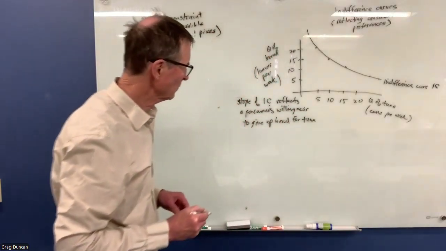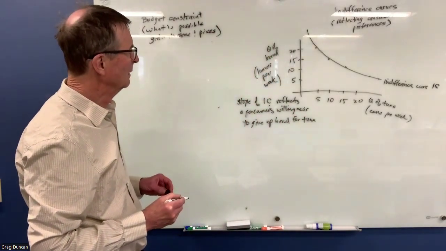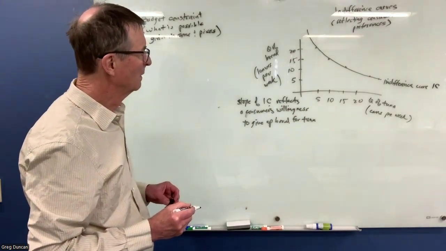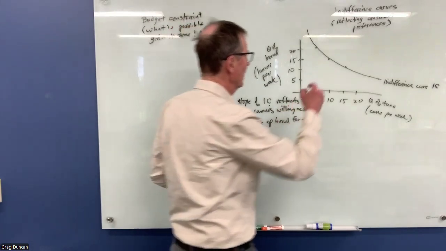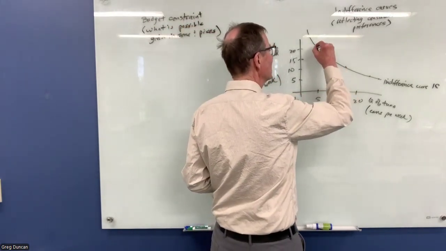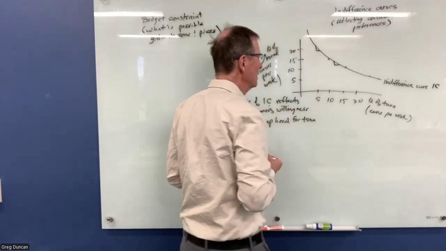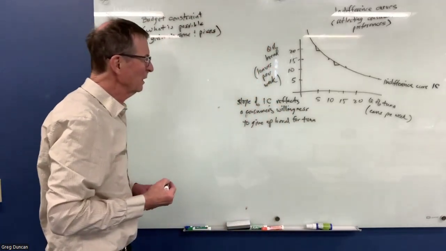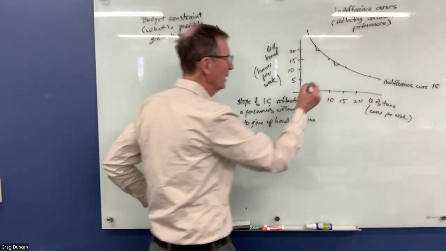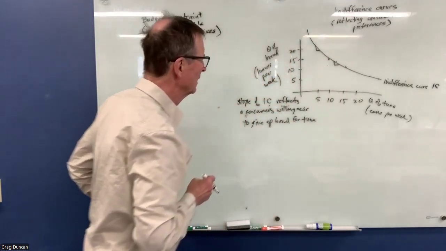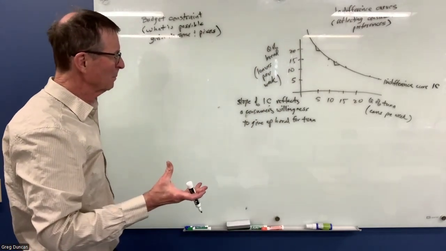So at any point along here, you can look at the slope and see a willingness to give up, in this case, bread for tuna. That slope's changing. We'll talk about that in a minute.